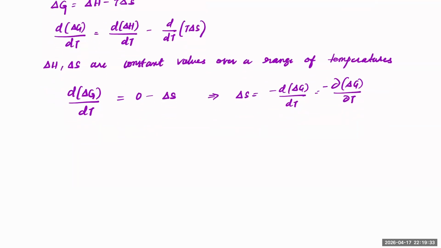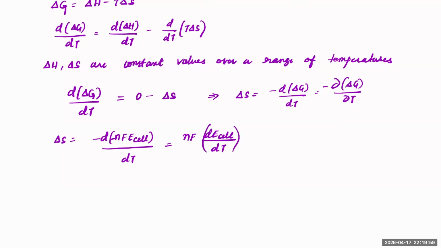Now you know that delta G can be written as minus NF E cell, with minus sign. That minus and minus will become plus, and NF will come out, and this will become d of E cell upon dT.